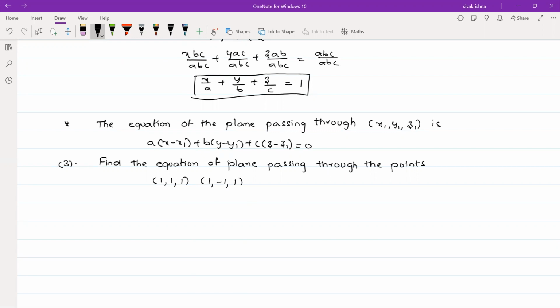The third point is minus 7 comma minus 3 comma minus 5.